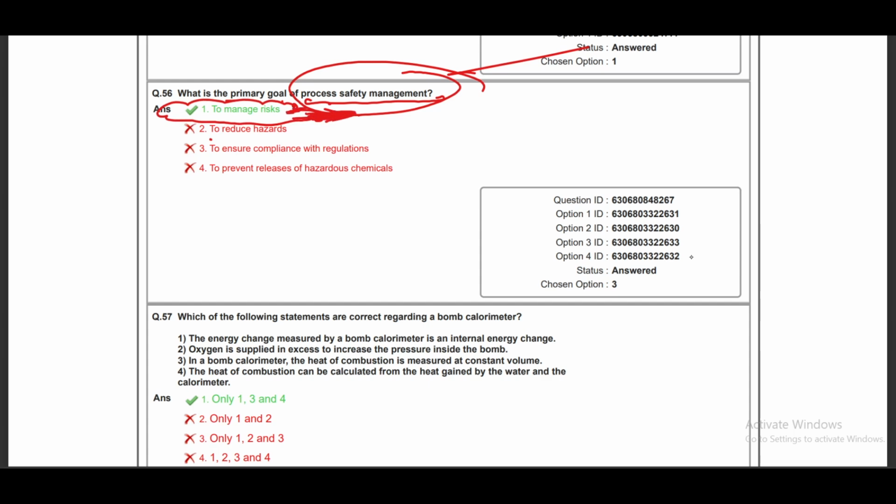The others, like to reduce hazards, to ensure compliance with regulations, to prevent release of hazardous chemicals, may also be true, but we have to tick only one. Since this is about safety management during a process, the primary goal is to manage risk. So the first option is the correct answer here.